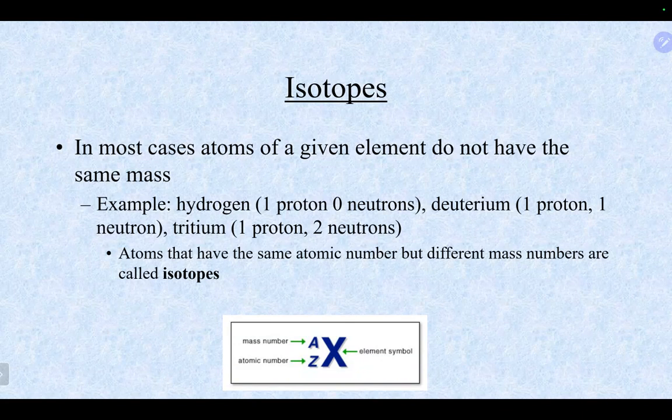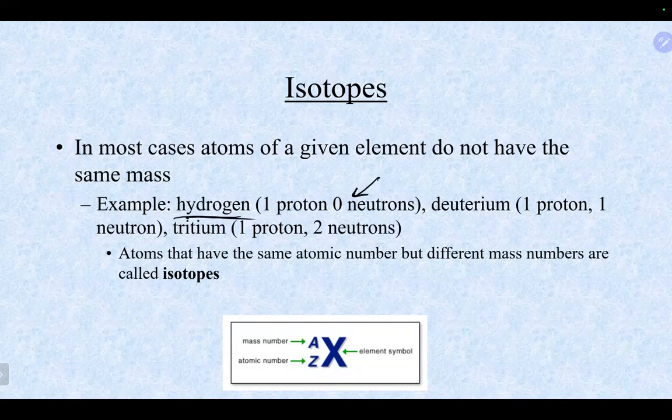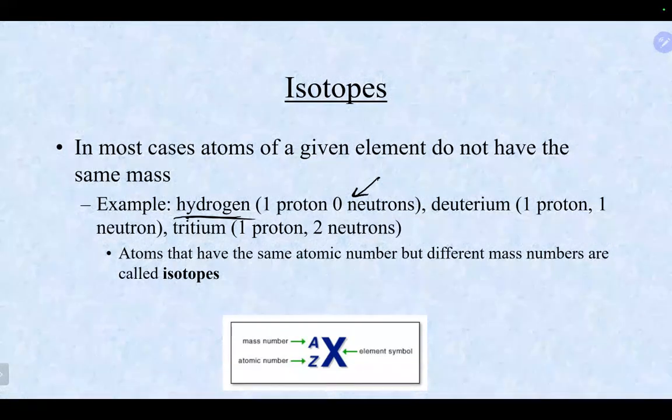So hydrogen has one proton, one electron, no neutrons. Deuterium, which is kind of like heavy hydrogen, has one proton and one neutron. And tritium, which is the radioactive version of hydrogen, has one proton and two neutrons.